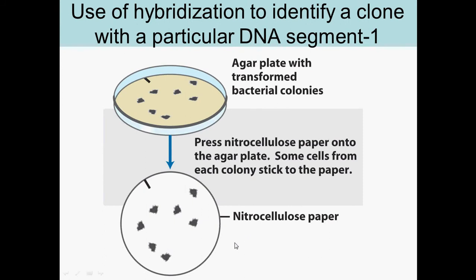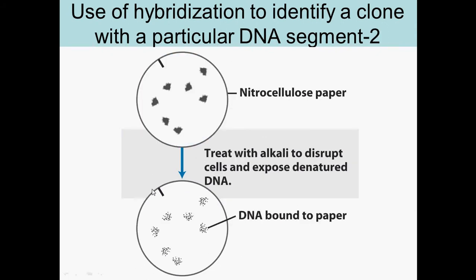And then let's say you're looking for a specific sequence from this genomic library. So you grow the bacteria on a plate. You take nitrocellulose paper, put it on the bacteria, so you get some of the cells on the paper, and most of the cells will remain on the agar. And then you wash it with alkali, and the cells get exposed and denatured, and the DNA will be the only thing left over.